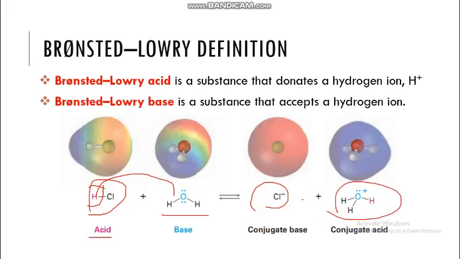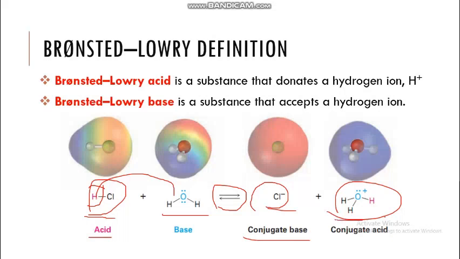So this and other acid reactions are reversible, kaya meron tayong forward and backward arrows. The chloride ion, the product that results when the acid hydrochloride loses a proton, is called the conjugate base.